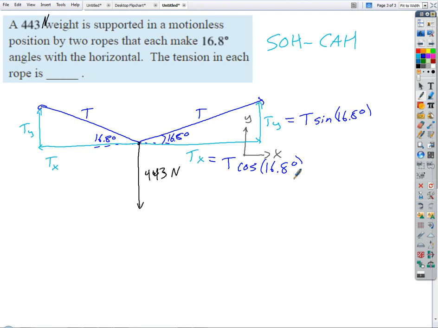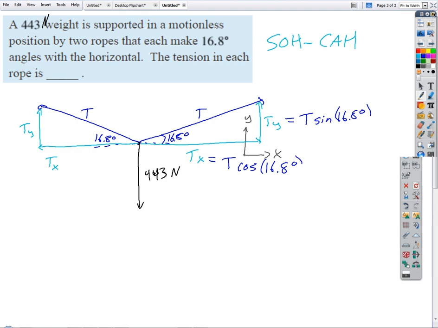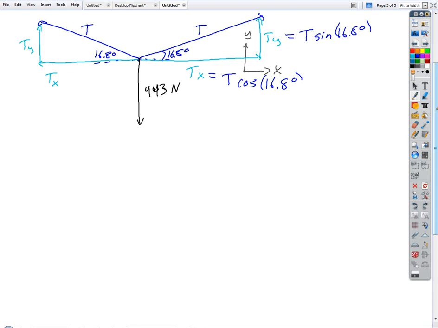Yep. Okay, so then we can now make our orthogonalized free body diagram, which is a fancy word for just saying now we've got all the vectors broken up into horizontal and vertical components. So that would look like: downward, we've got 443. Upwards, we've got two contributors, right?